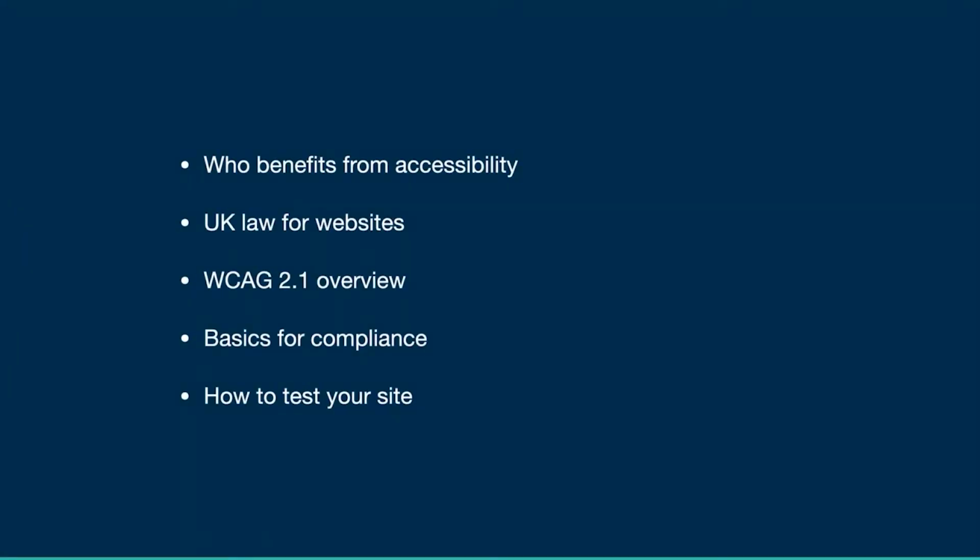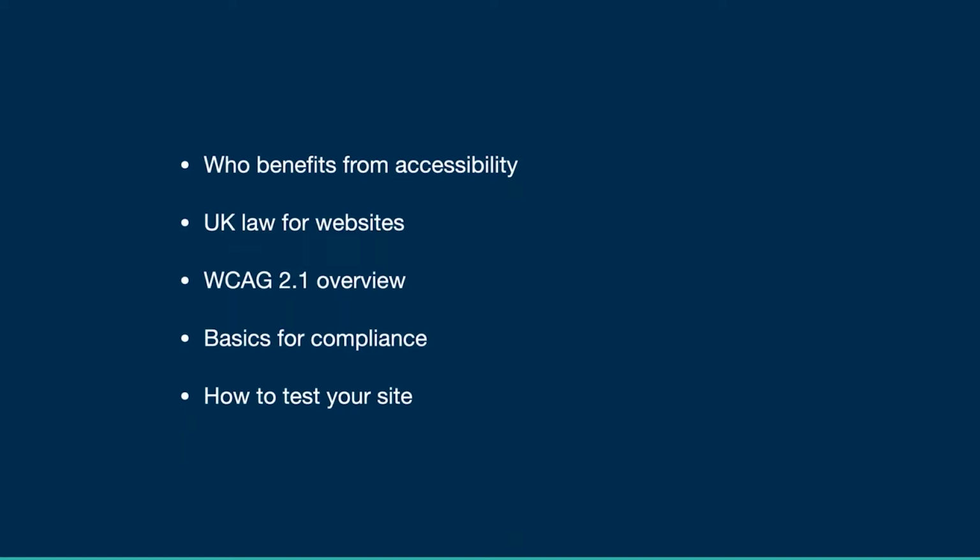So this is what we're going to look at today. Who benefits from accessibility? We'll have a little look at the UK law for making your website accessible, check out some of the WCAG 2.1 rules and guidelines, and have a look at how you can not interpret them, but easily see what you need to do.